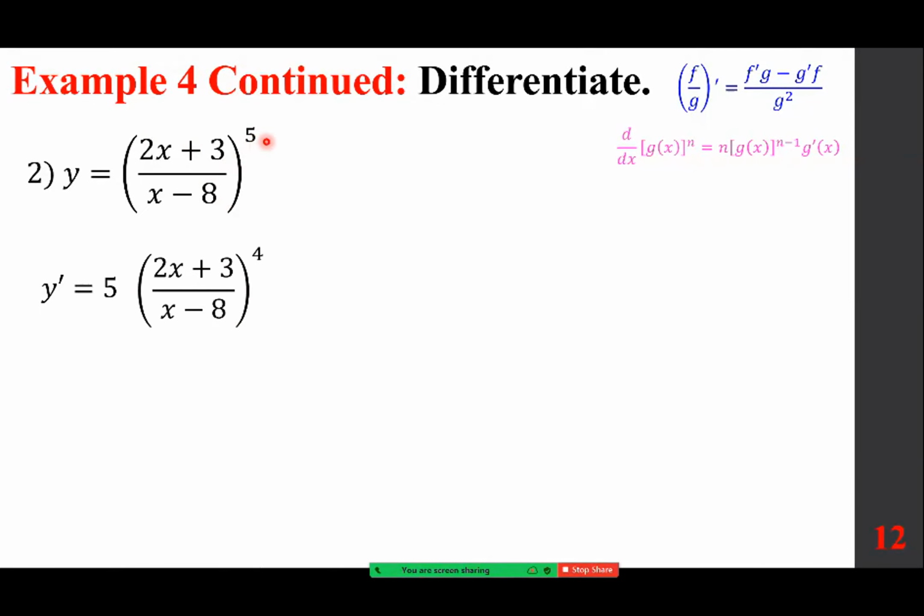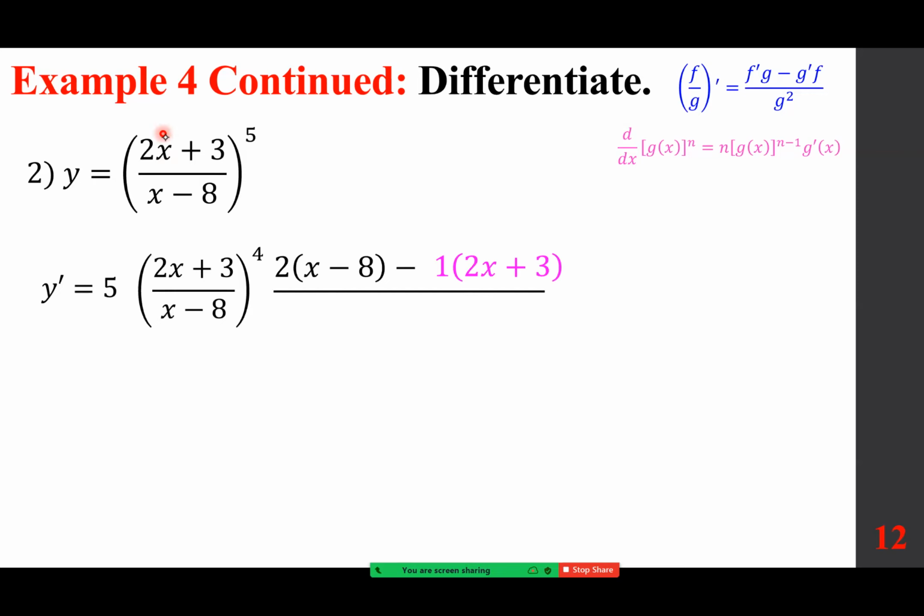And then g prime of x says, differentiate inside the parentheses, which requires the quotient rule. If this is f, this is g, you need from the top, the derivative is 2 times the bottom, x minus 8, minus g prime f, minus the derivative of the bottom is 1 times the top, minus 1 times 2x plus 3, over g squared.